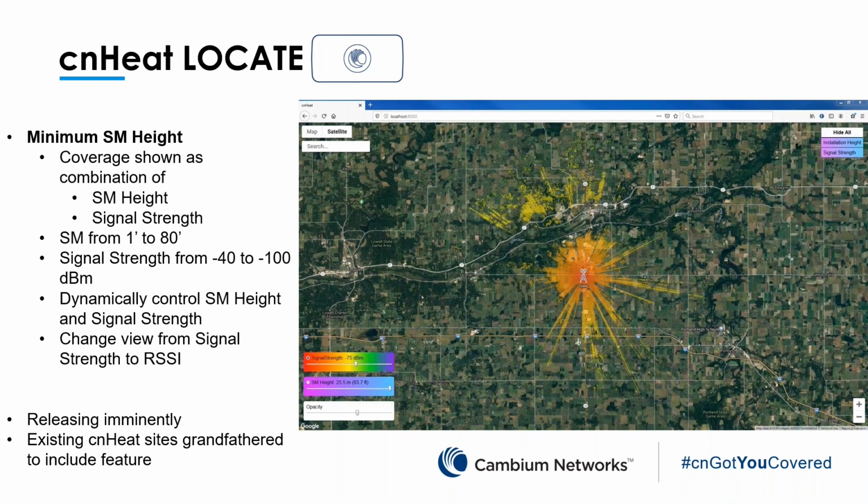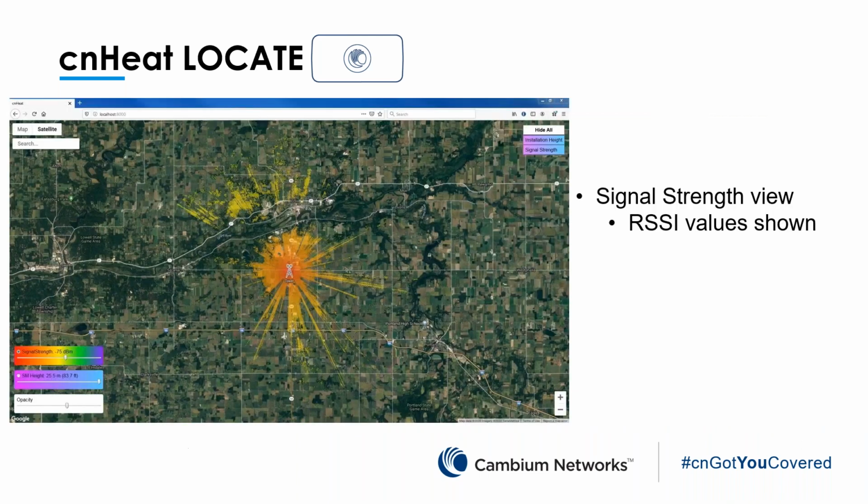Real quickly, we are releasing this imminently. It could be this Friday. We're working on a few last enhancements and getting the software ready. If you have existing cnHeat sites, with the current functionality, we will grandfather you in and provide you these features.